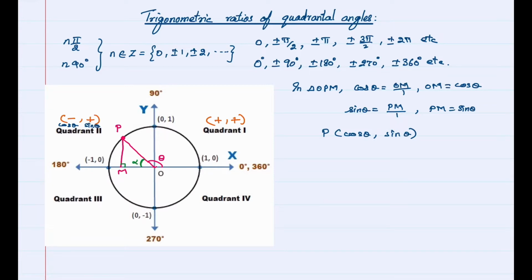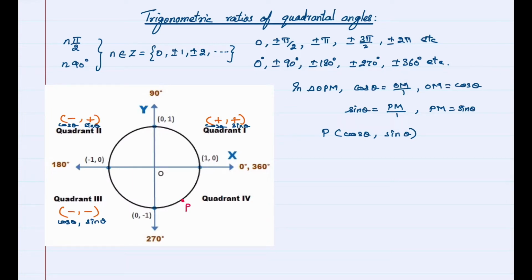Therefore, if theta is in the second quadrant, cos theta value will be negative and sin theta value will be positive. If P point is in the third quadrant, this is theta and the reference angle is alpha. In the third quadrant, both x and y coordinates are negative. Therefore, cos theta and sin theta values will be negative when theta is in the third quadrant.